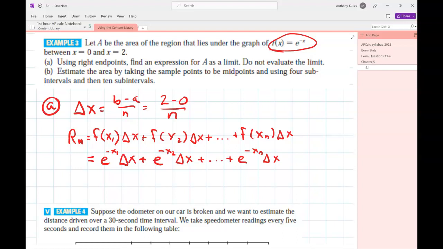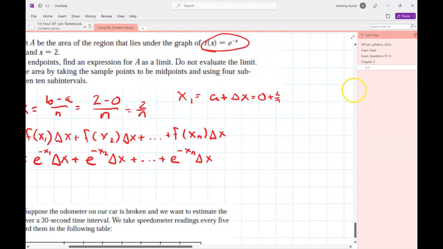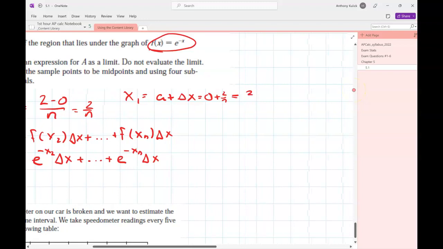Everybody's okay here? Now remember, delta x is 2 over n. What's x1 going to equal? Well, it's a plus delta x, right? So 2 over n.